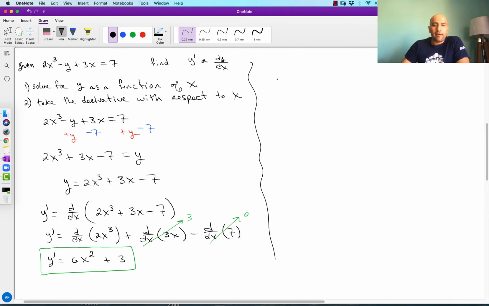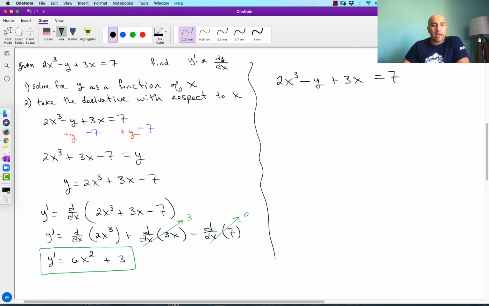We have 2x cubed minus y plus 3x equals 7. We're going to take the derivative. Now we have to know what the variable of differentiation is. We have to know that this is with respect to x.